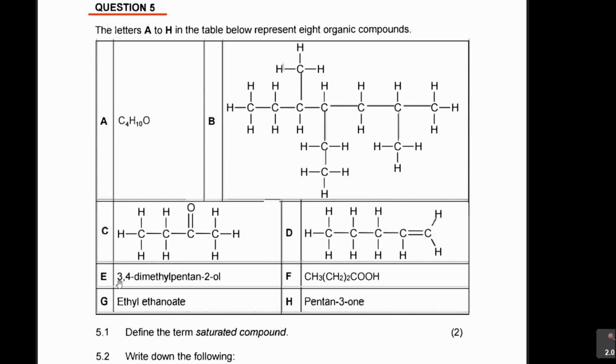Compound E is 3,4-dimethylpentanol, and then F is a carboxylic acid, and then G is ethyl ethanoate, that's an ester, and the pentan-3-one is a ketone.